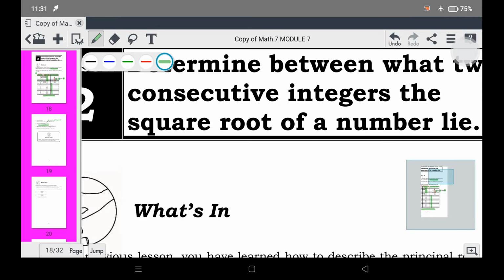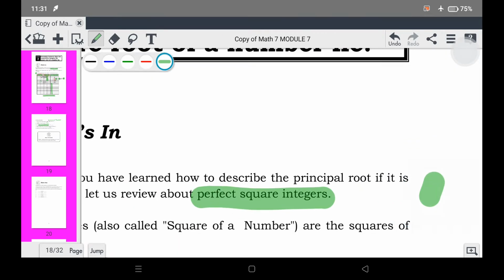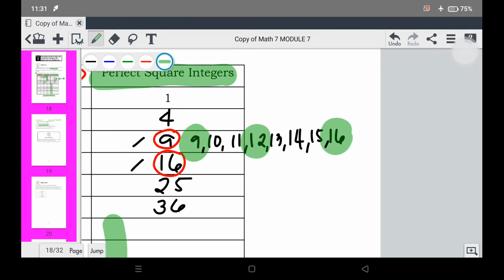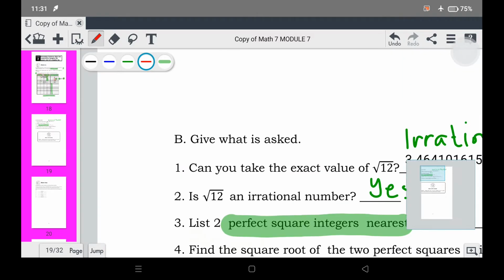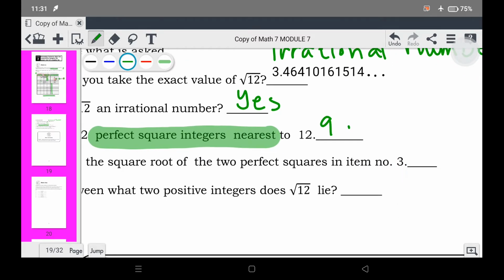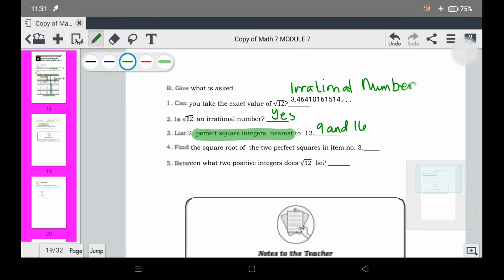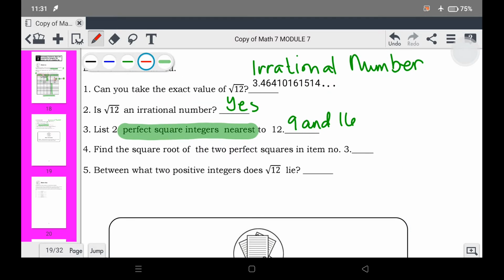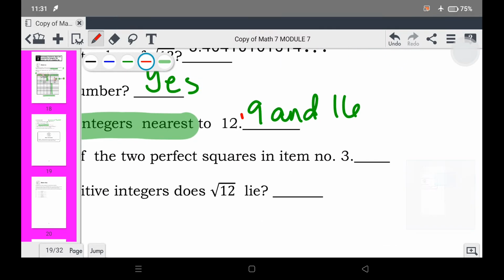As we can see, 12 is nearest to the perfect square numbers 9 and 16. So our answer here should be 9 and 16. Next, find the square root of the two perfect squares in item number 3. So our task is to find the square root of these two numbers.